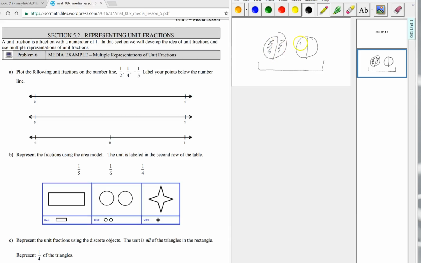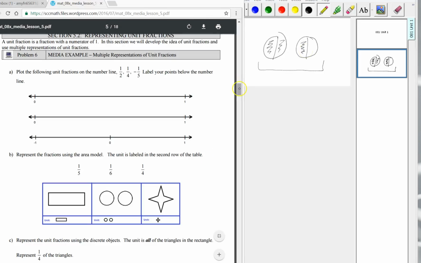And if we want to shade 3 of them, sometimes they don't quite understand if they can cross into a new circle because it doesn't have this continuity that we have with the number line. It has it in one circle, but not when you cross over to another. So these can sometimes bring up interesting conversations.